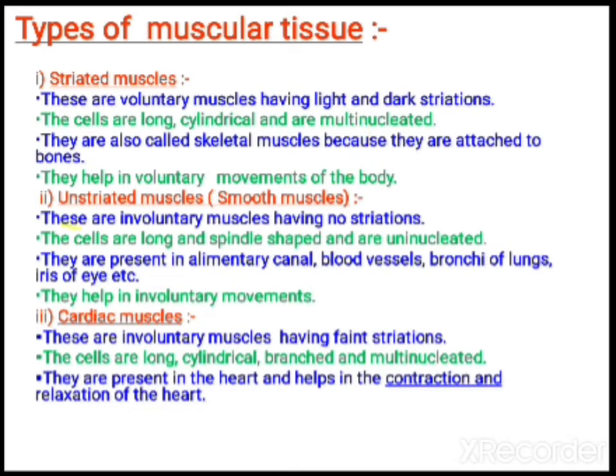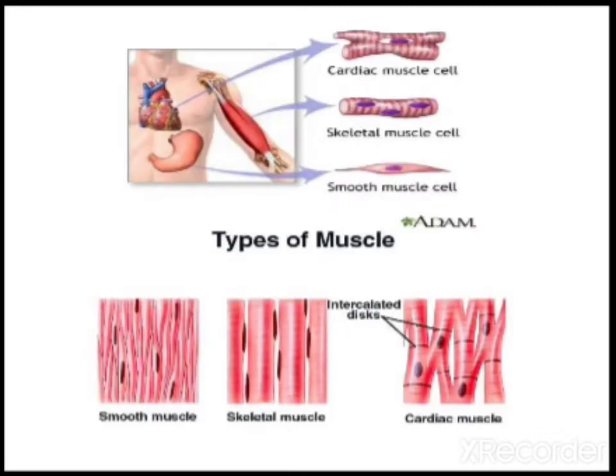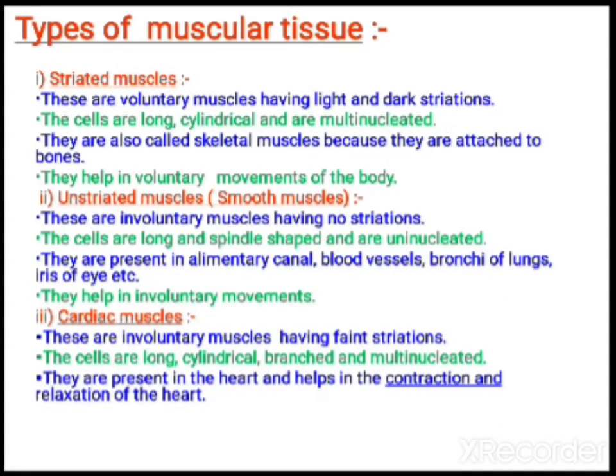Next is unstriated muscles or smooth muscles. These muscles are involuntary and they don't have striations. You see the diagram. These are skeletal muscles or striated muscles, and you can see the striations here. This is smooth muscle, and you can see only one nucleus inside. Here it is multinucleated and long. In unstriated muscles, they don't have any striations.